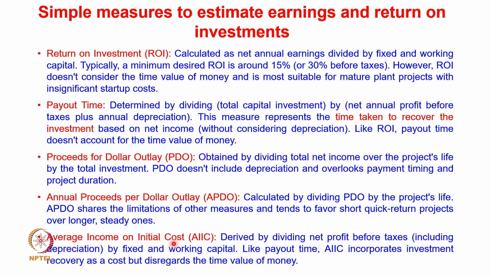The next is the income on initial cost, AIIC. AIIC is obtained by dividing the net profit before taxes, including depreciation, by the fixed and working capital.